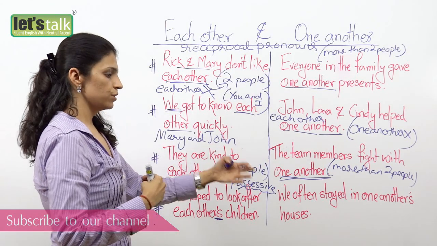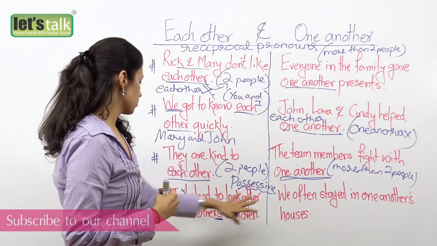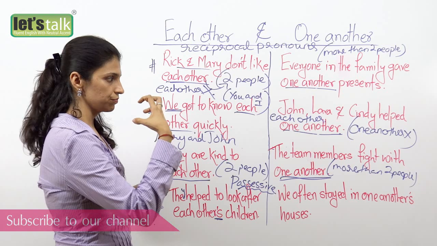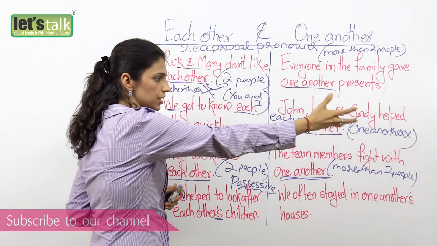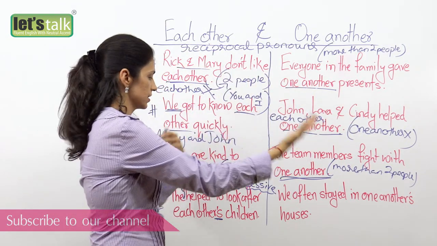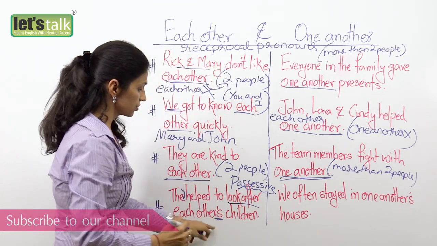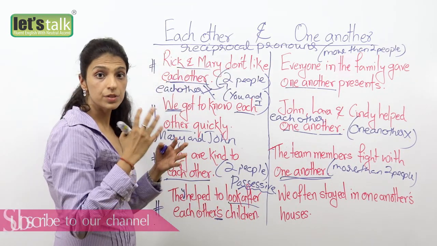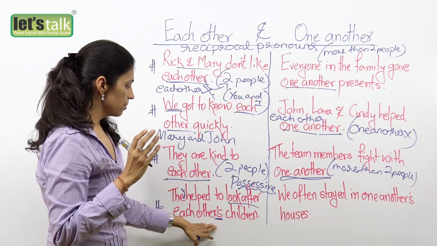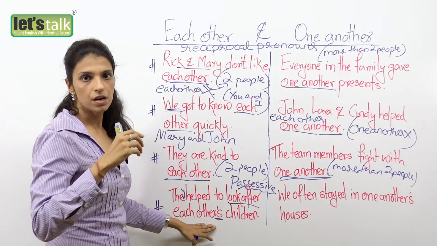So the two neighbors, they helped to look after each other's children. I looked after their children, they looked after mine. So it was a reciprocal action. What was the action? To look after each other's. Please do not write it without an apostrophe, because there's no plural form of others.